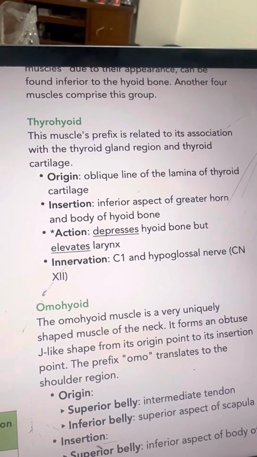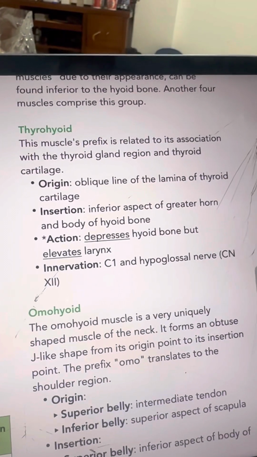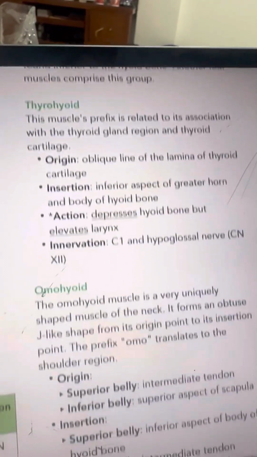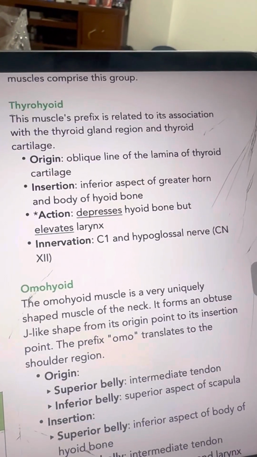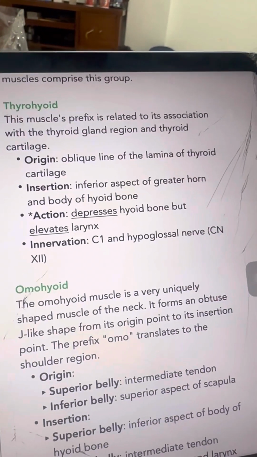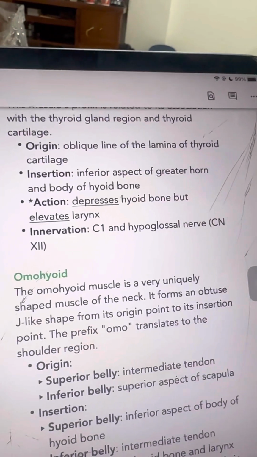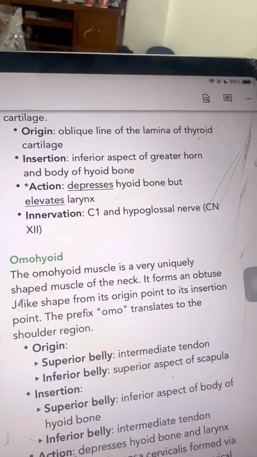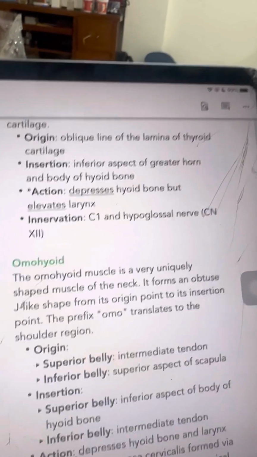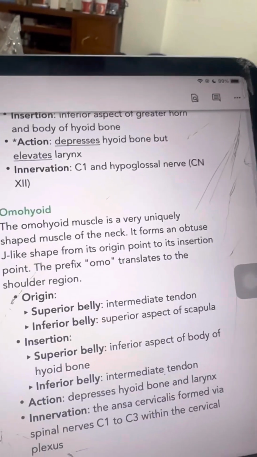Origin: oblique line of the lamina of thyroid cartilage. Insertion: inferior aspect of the greater horn and body of hyoid bone. Action: depresses hyoid bone but elevates larynx. Innervation: C1 and hypoglossal nerve CN12.